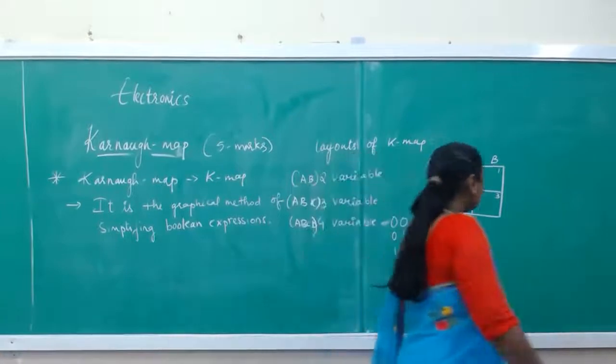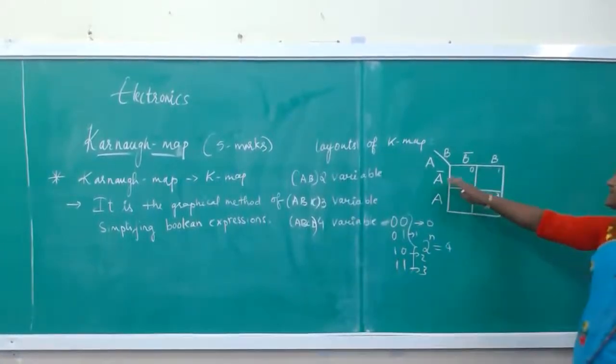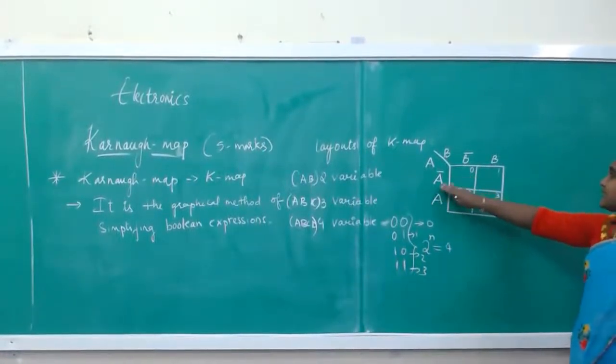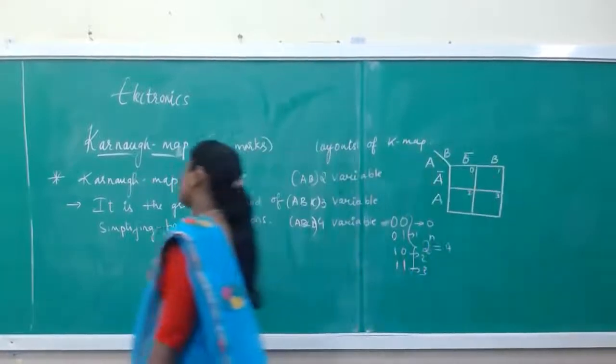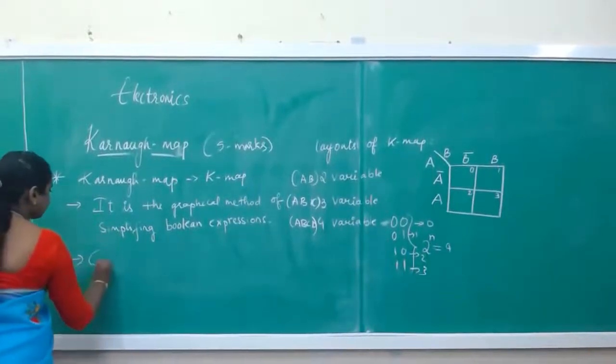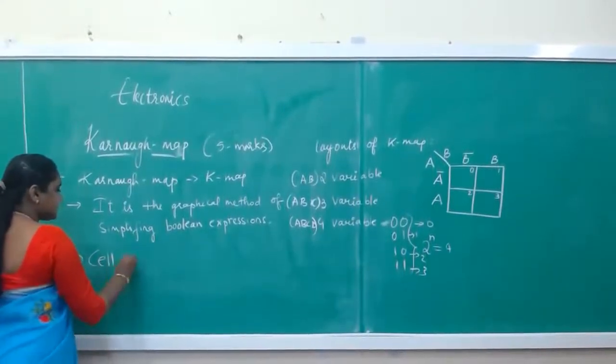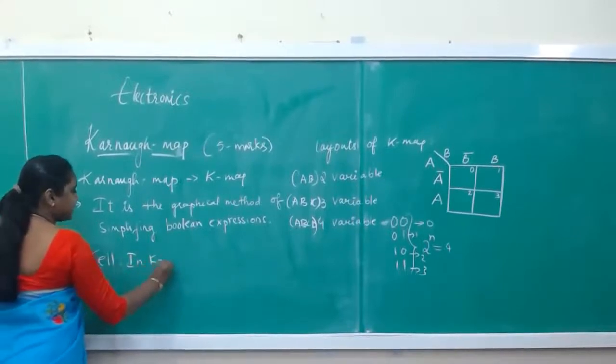Now, what is represented in each cell? What is represented in each cell is the condition for the 2 variables, that means A bar and B bar. When both are A bar and B bar, they are forming cell number 0. This particular block is called a cell. Okay, cell. So what is a cell in K-map?